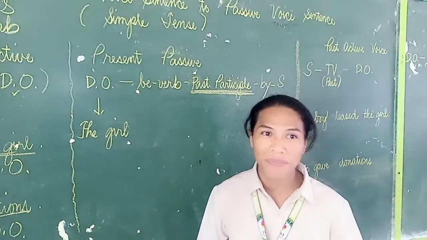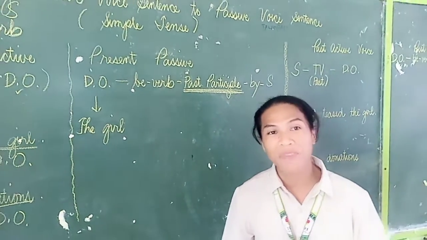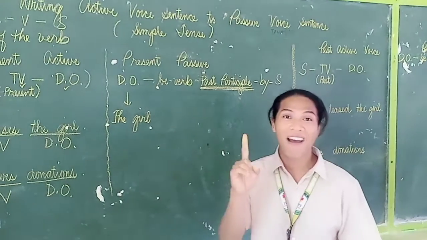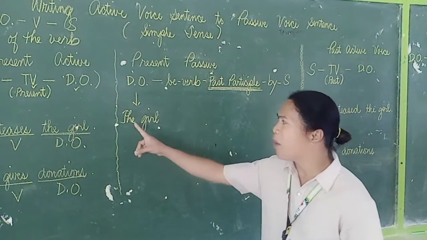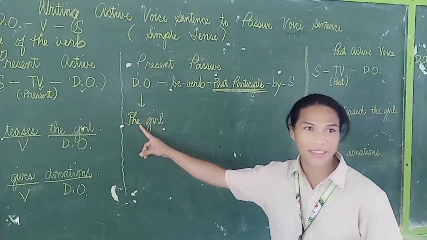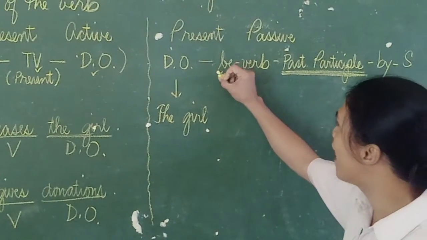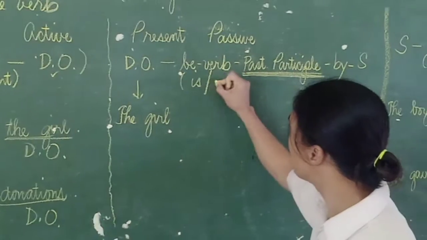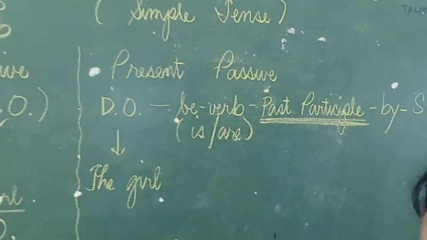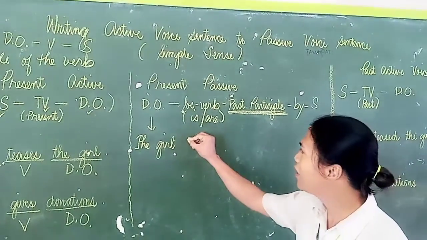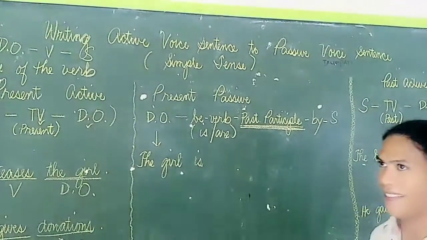Of course, our be verb this time is either is or are. Now our direct object here is singular. So the girl, so the be verb form, either is or are. Okay, present. So we have the girl, singular, it should be is.